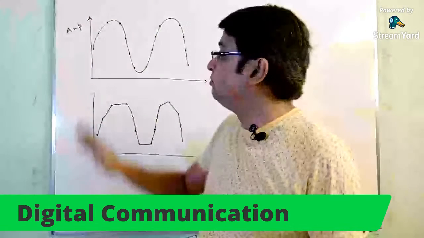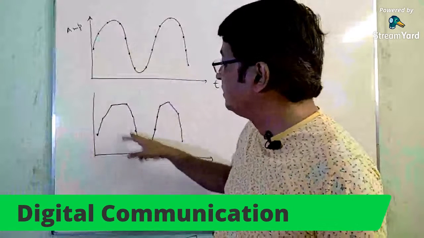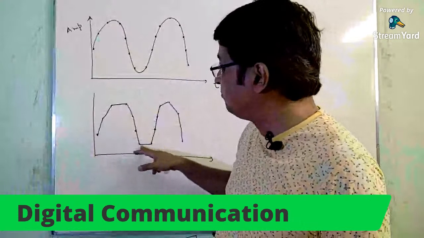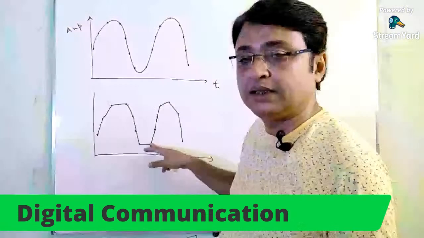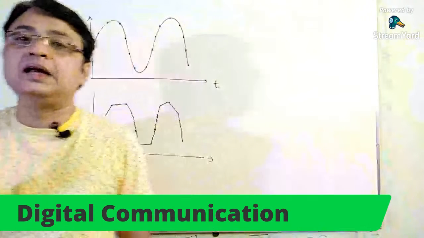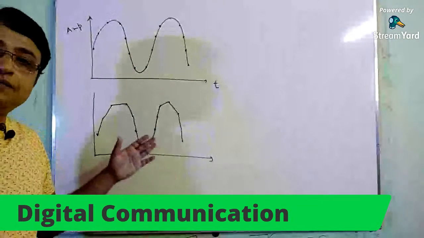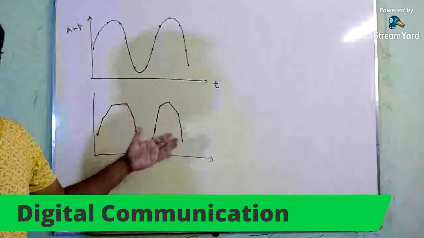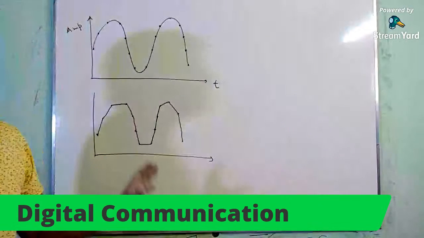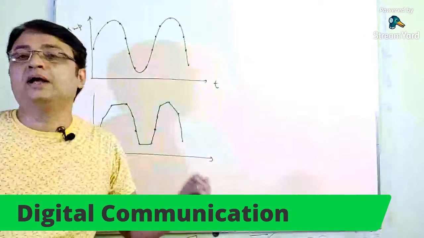We actually missed the peak and the bottom of the signal. As you can find, there is no information here, and I have also missed the information from this part of the signal. So if the information lies in the amplitude of the original signal, then after sampling the signal, we actually missed some part of the information from the analog signal.